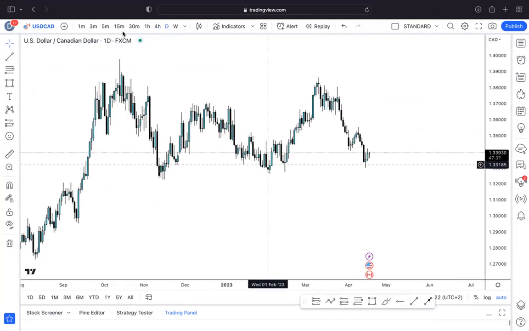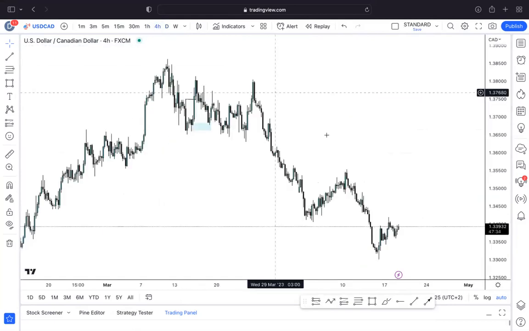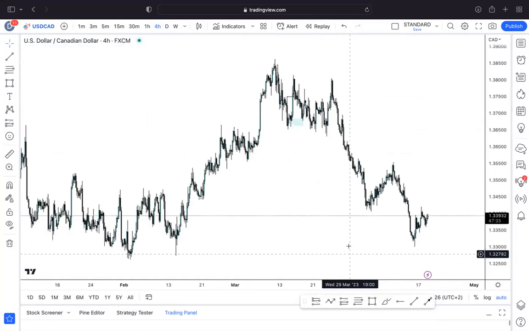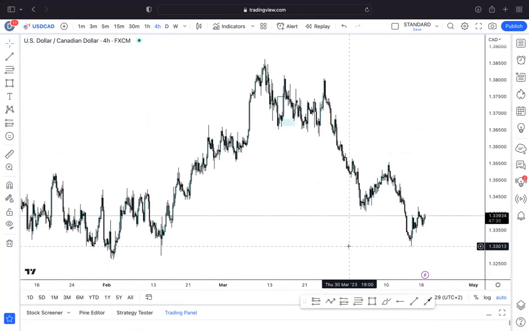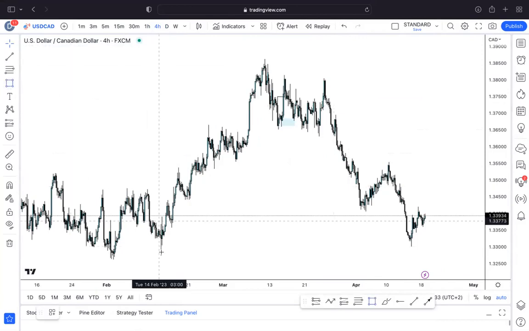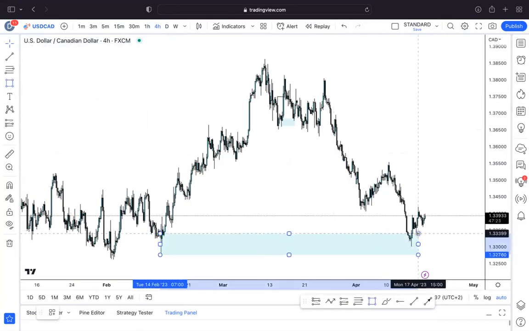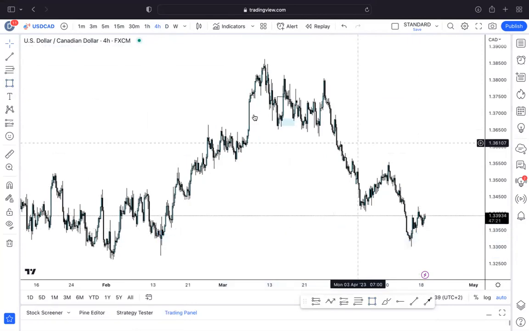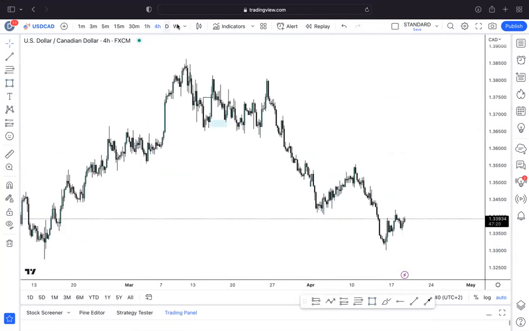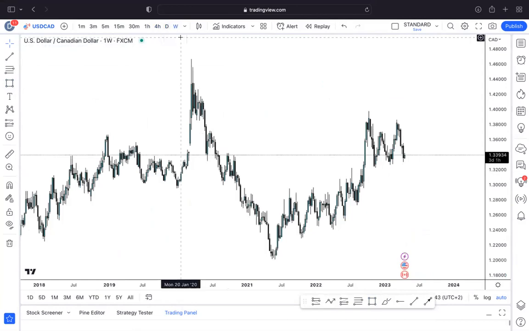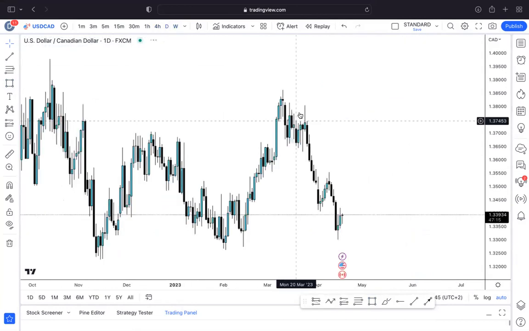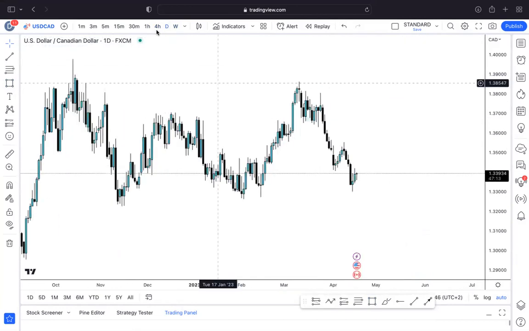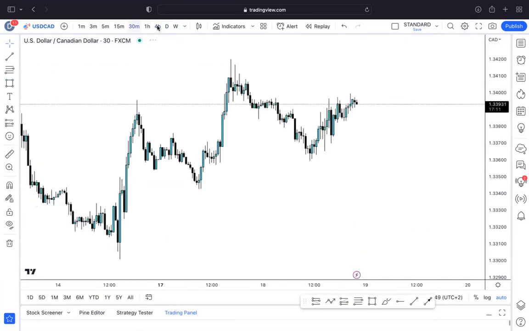USD CAD, haven't really traded any of these in a while, because I'm still in a few gold positions, so I've just been careful with them. But that zone's filled. Overall, with the market and dollar currently, it's very hard to even judge these.